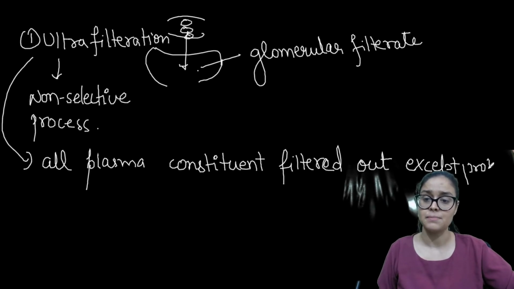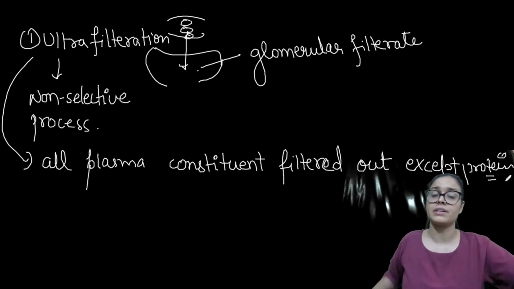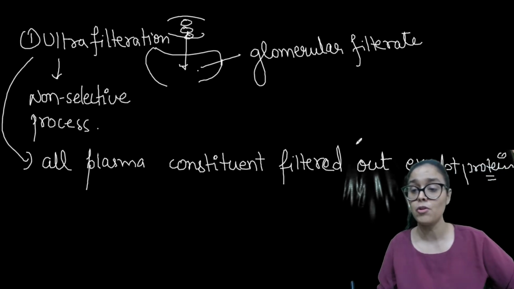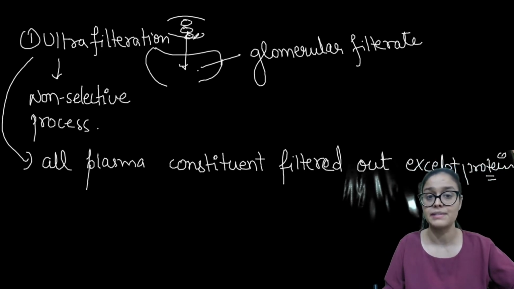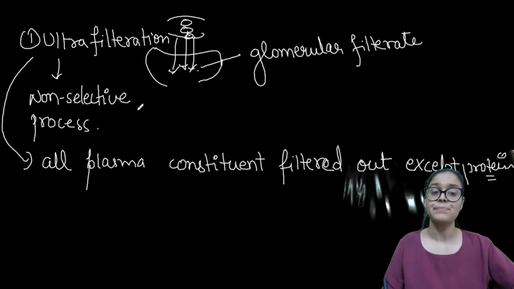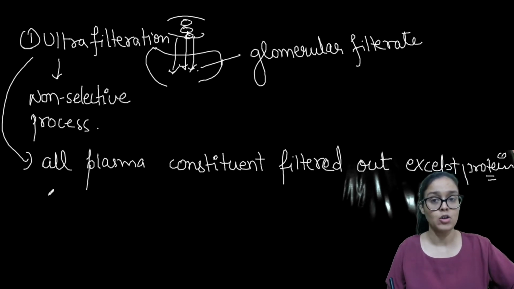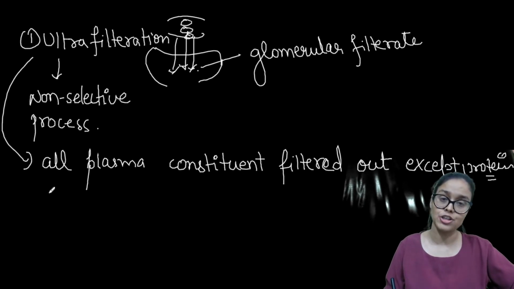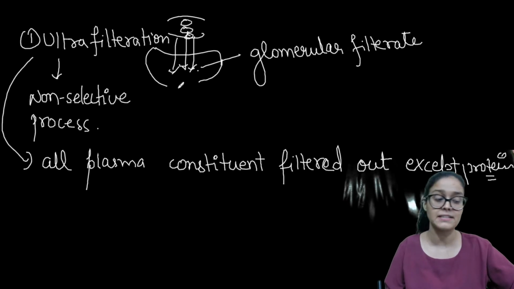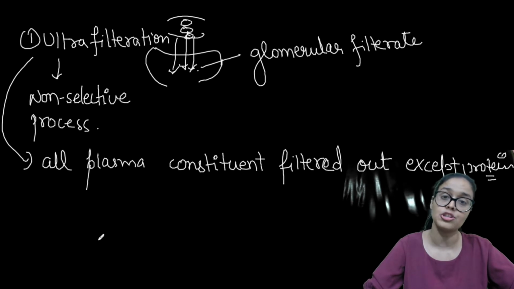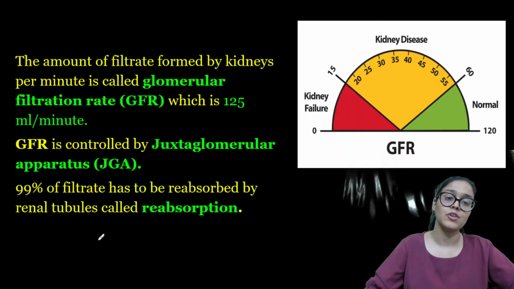So from the plasma you just remove the plasma protein, and whatever is there will be filtered out here, right? That is the glomerular filtration, ultrafiltration, because of high pressure blood is finally filtered out. That you have to remember. So it means the filtrate has the composition of plasma without protein. So that you have to remember.